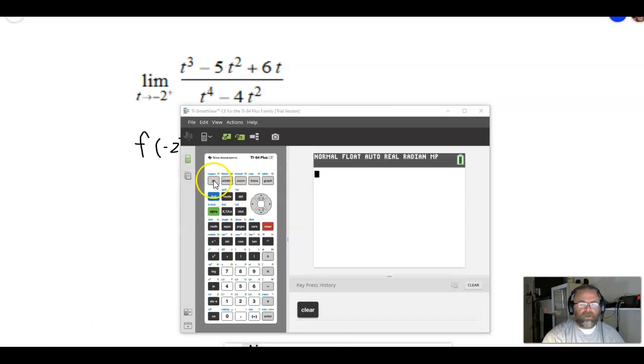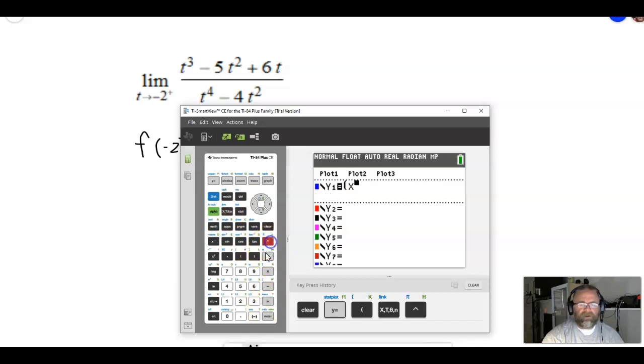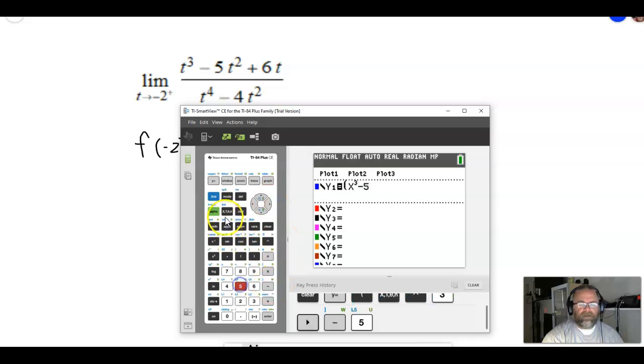All right, so I want to go to y equals here, and put that function in there. Remember, if we're dealing with multiple terms on the top and the bottom, you always want to put those in parentheses. So the entire top in parentheses would be, and we're just going to use x because we can use any variable we want, x cubed minus 5x squared plus 6x.